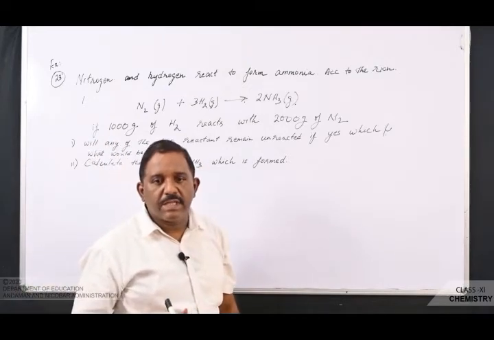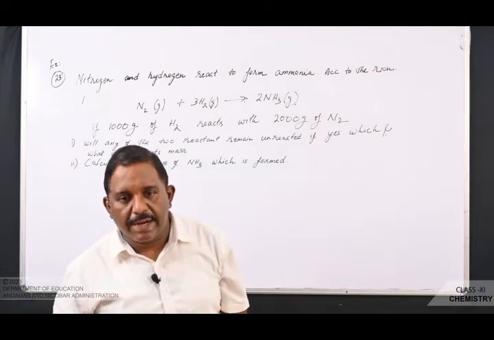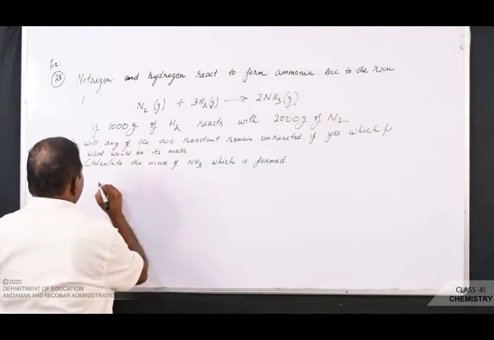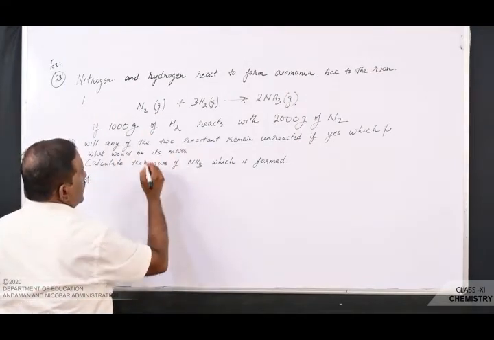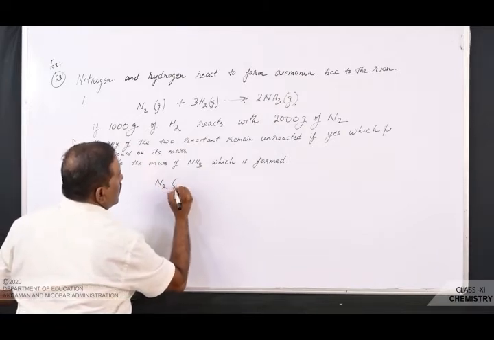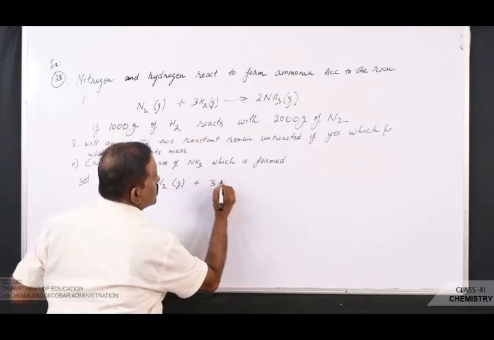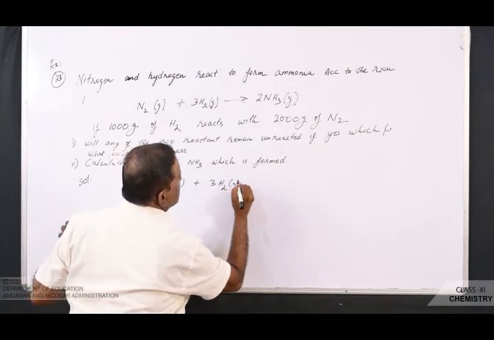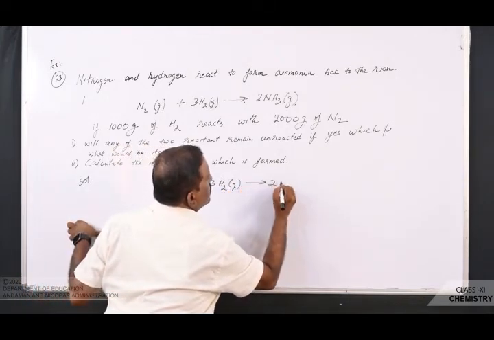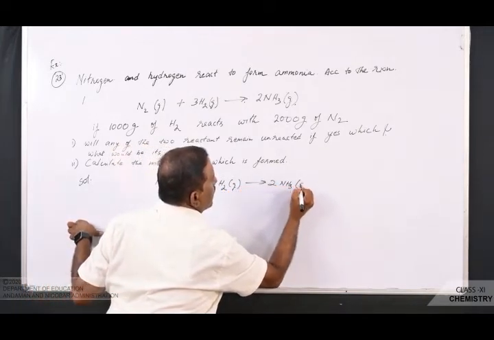For solving this, first we have to write the balanced equation. The equation is N2 gas plus 3 H2 gas gives 2 NH3 gas.